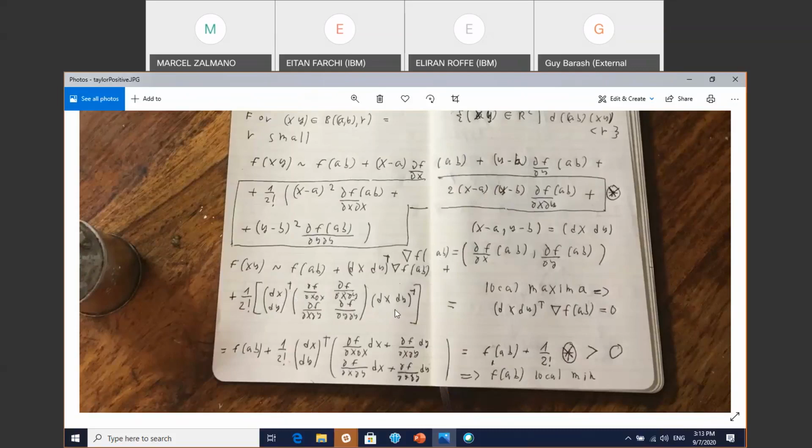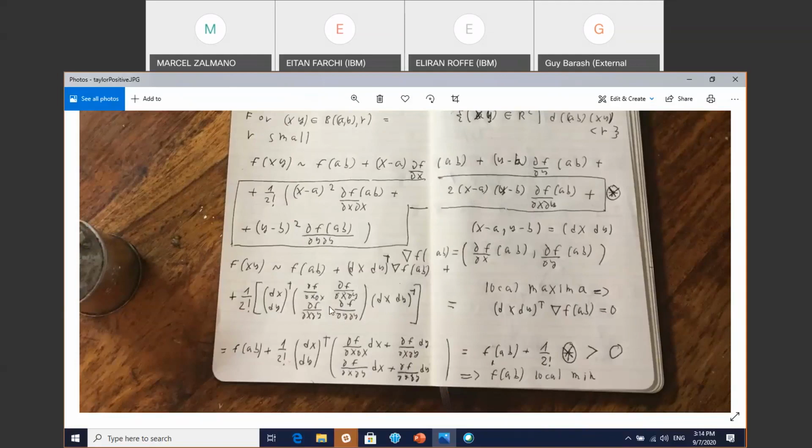You need to notice that this matrix is what is sometimes called the Hessian matrix. It's a 2 by 2 matrix of all the different partial derivatives. If you multiply this back using matrix multiplication, you get back to the expression inside the parentheses.